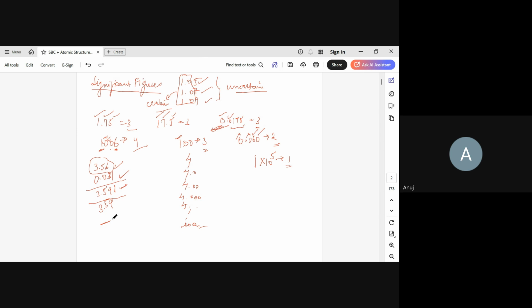A student asks whether 0.031 has only two significant figures. No, when I'm adding 3.56 and 0.031, I get this number, and then the final answer will not be this one. I will see which of these two has the minimum number of decimal places. That is 3.56, so corresponding to that it will be 3.59. Clear? Yes, sir.